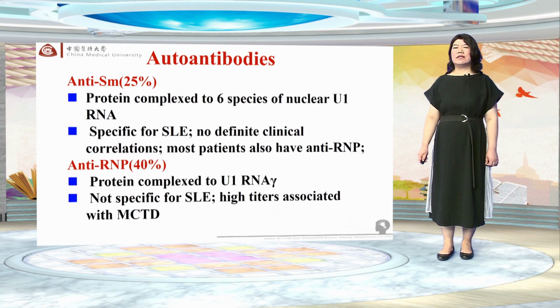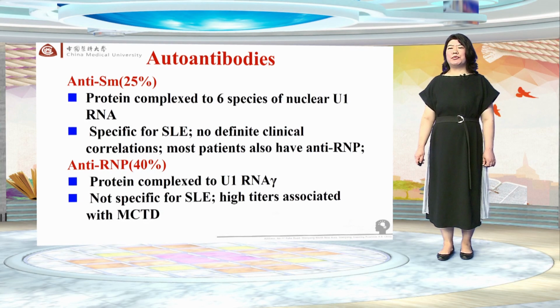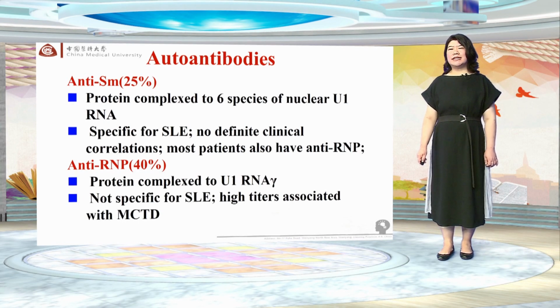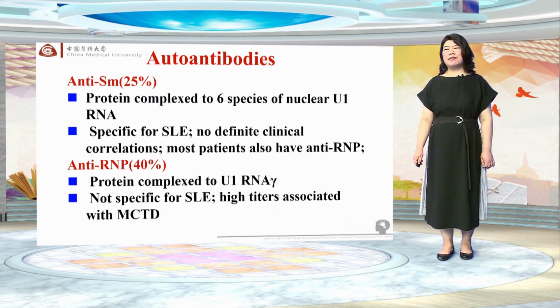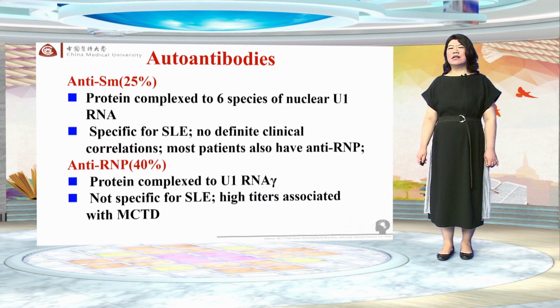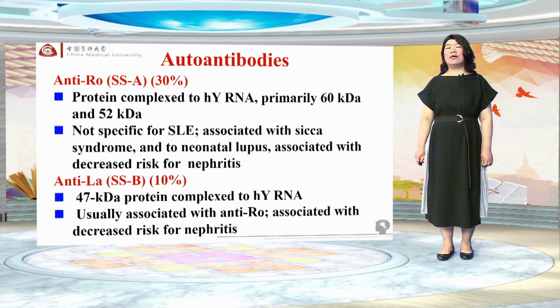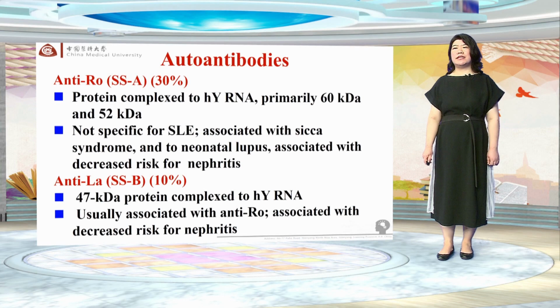The antigen for this antibody is a protein complex bound to RNA. It is not as specific for lupus, but high titers of anti-RNP are associated with mixed connective tissue disease, MCTD. Anti-Ro antibody, which we can also call SSA, occurs in 30% of lupus patients.